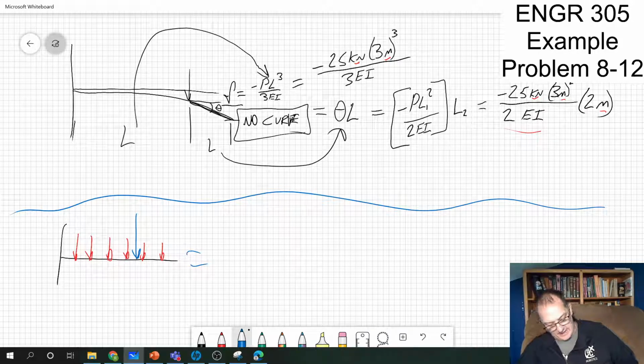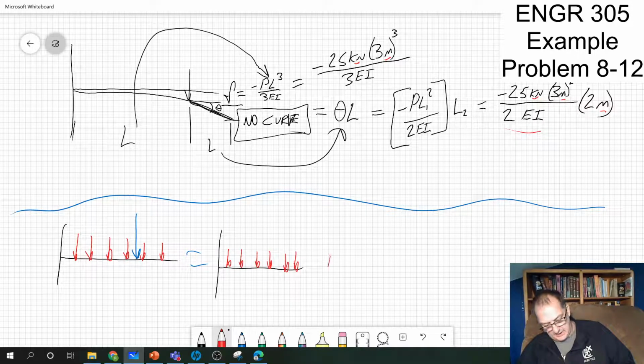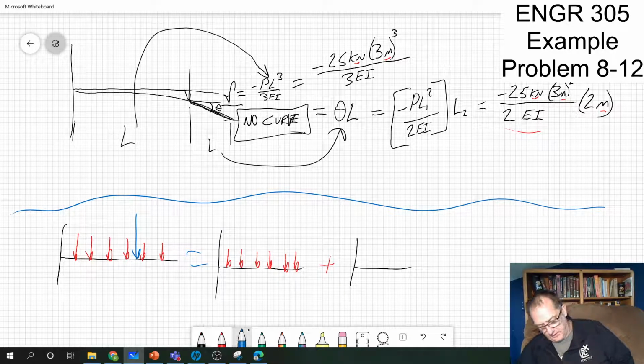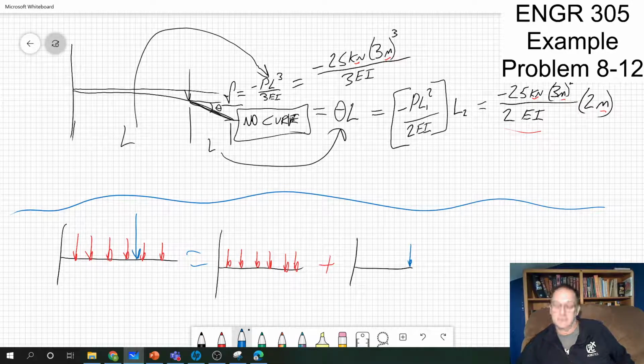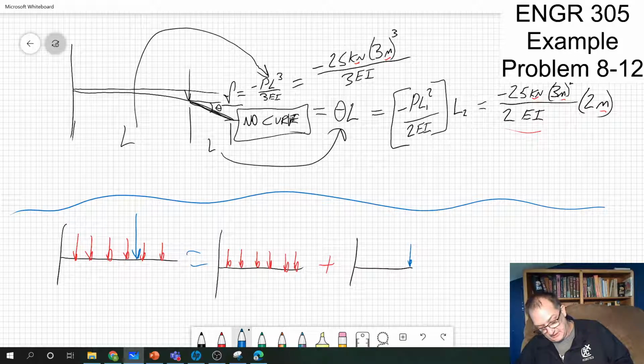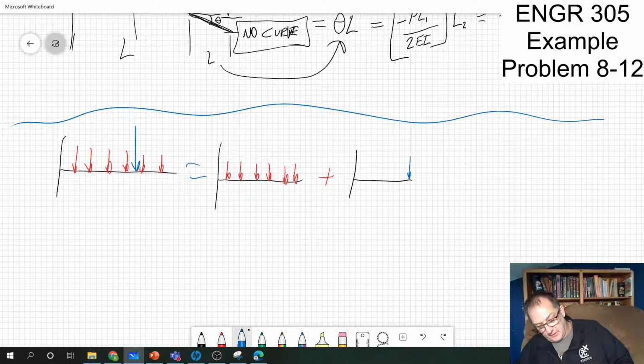And I converted that to a cantilever beam with a point load at the end. And that had two components.